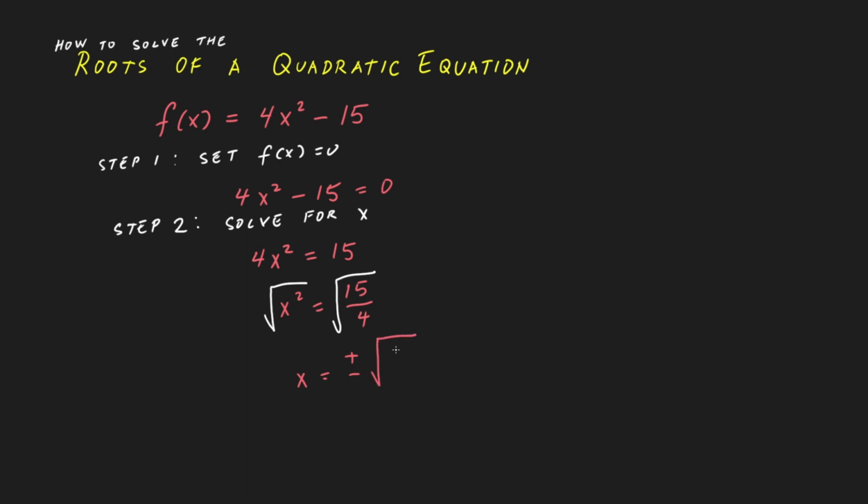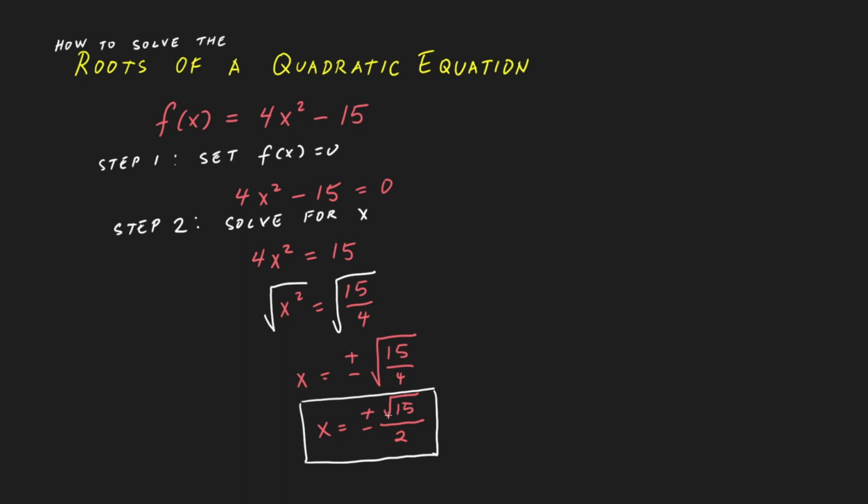So we're going to end up with plus minus the square root of 15 divided by 4. But the 4, we can get the square root of 4, so we can just rewrite this as plus minus the square root of 15 divided by 2. Okay, so there we go. This is our answer.